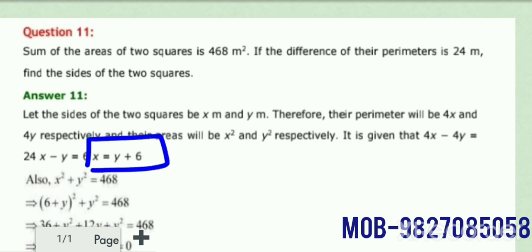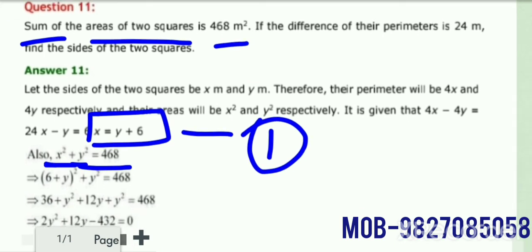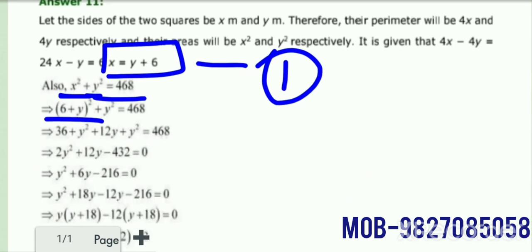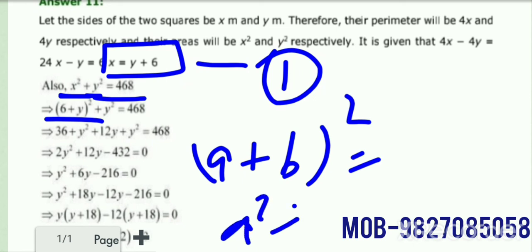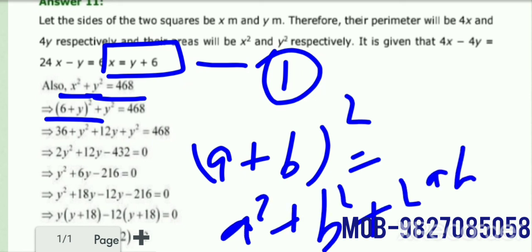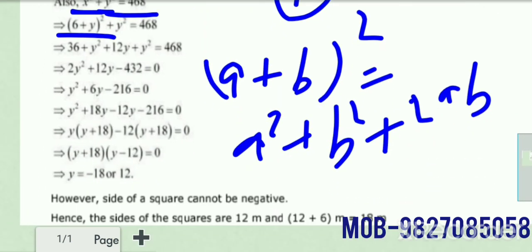Also, according to the question, the sum of the areas of the two squares is 468. So this is the area of the first square, and this is the area of the second square. When we add both, we get 468. Now put the value of x from the first equation, so we get (6 plus y) square plus y square is equal to 468. Now using the identity (a plus b) square is equal to a square plus b square plus 2ab, and solving for y, we get the value of y is equal to minus 18 and 12.